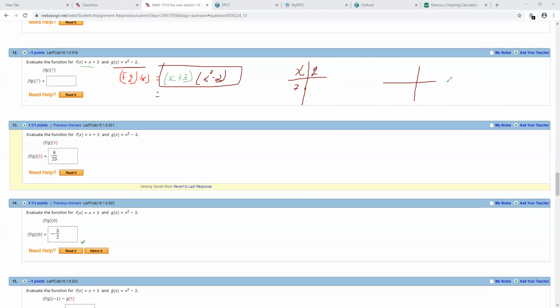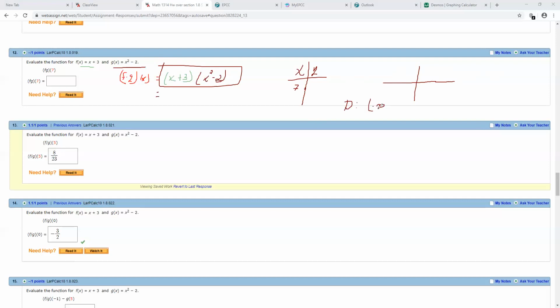Would there be any place where you would get division by 0, which means no mapping? No place. So what would be the domain of this function? Negative infinity to infinity. Very good.